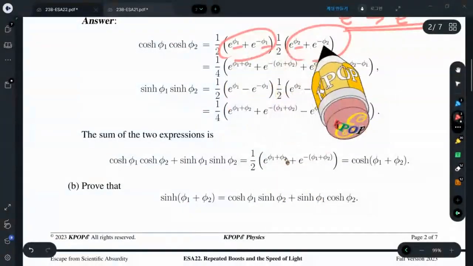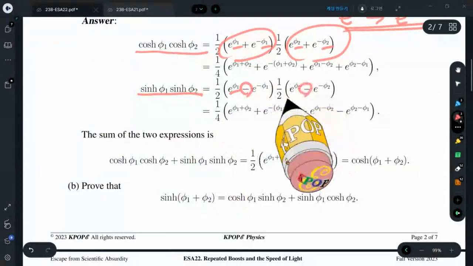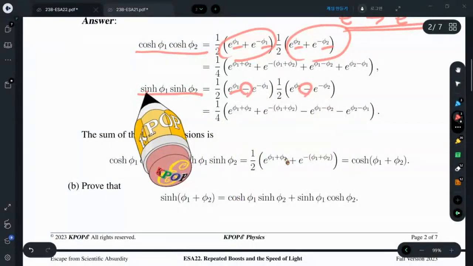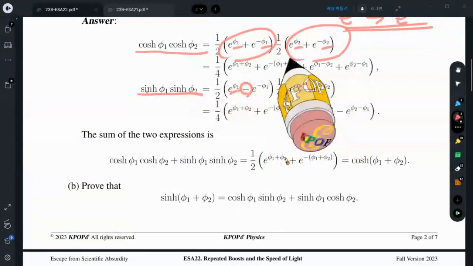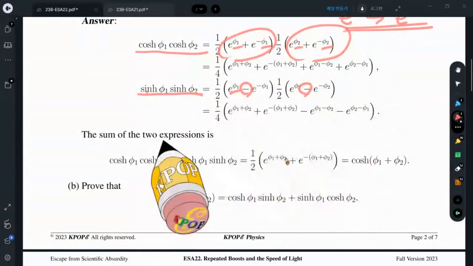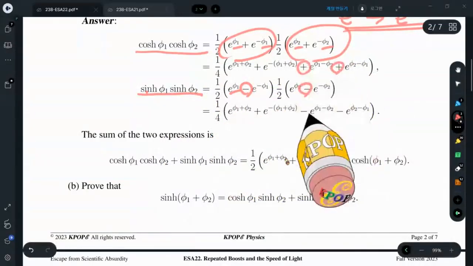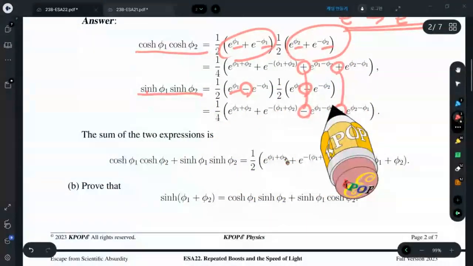Cosh of phi 1 plus phi 2: cosh phi 1 cosh phi 2 plus sinh phi 1 sinh phi 2. The multiplication can be done. The same terms are always the same, while the crossing terms are different.